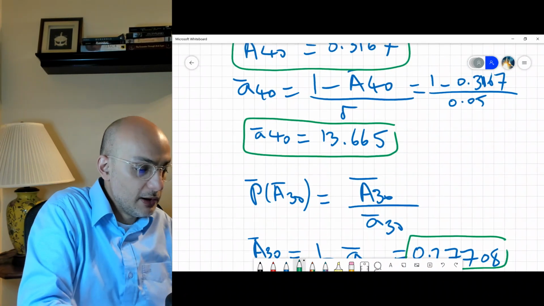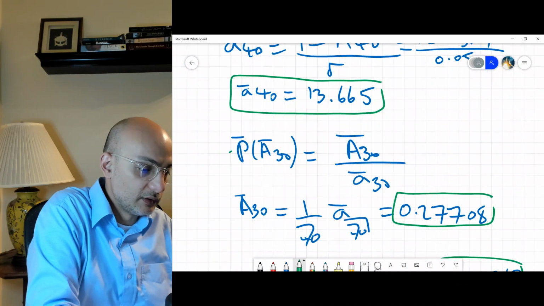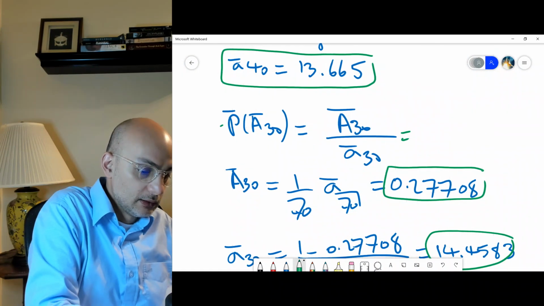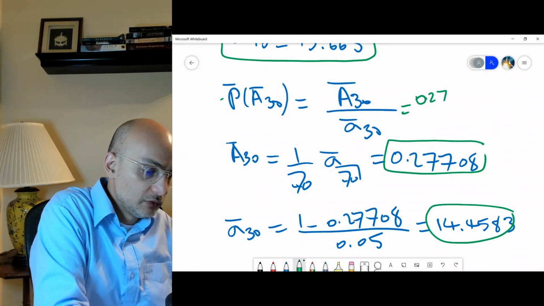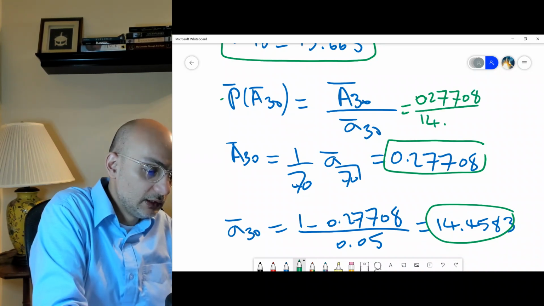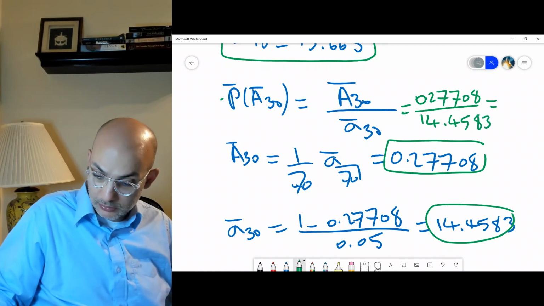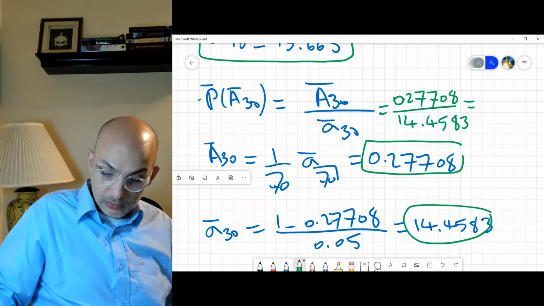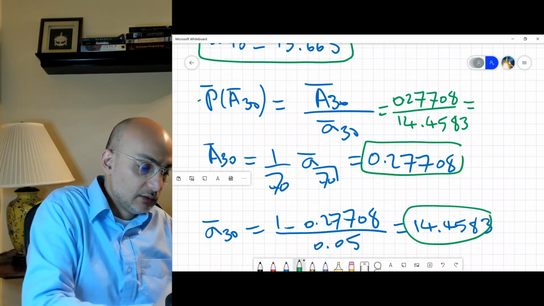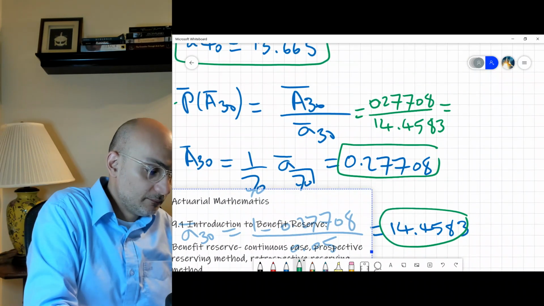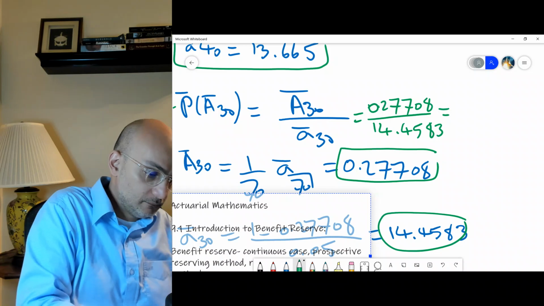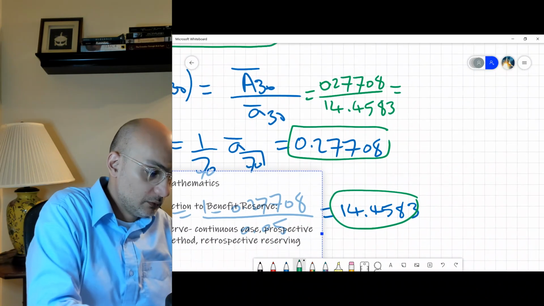Now remember why we're doing this, because we need to calculate this one. So this one will be 0.27708 divided by 14.4583, which is the premium at 30.